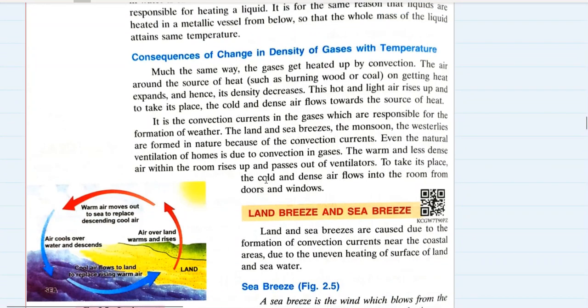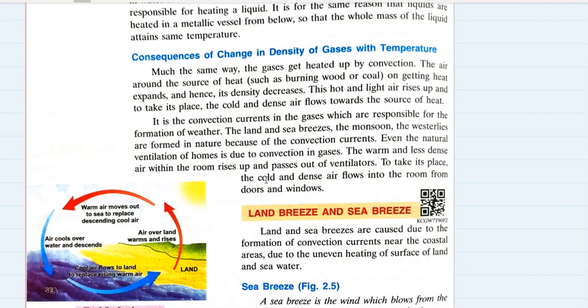The same thing happens with gases, right? The air around a source of heat, on getting heated, expands, and its density decreases. This hot and light air rises up, and to take its place cold air from the surroundings comes to that area.